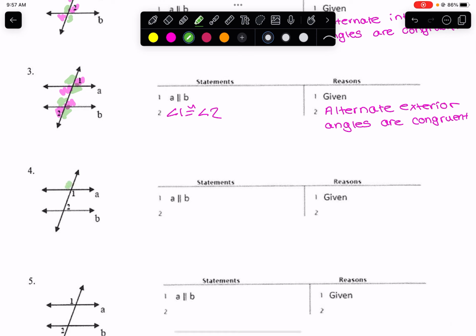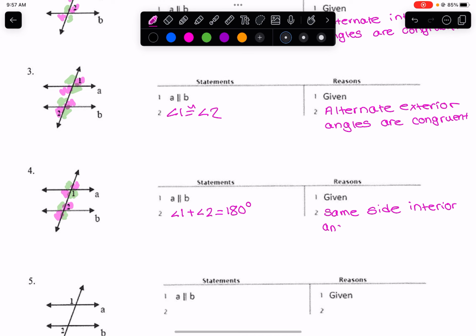Now when we look at this one, we will see that we have something different. They are different colors, so we know that angle 1 plus angle 2 is equal to 180 degrees because they're supplementary, and this relationship is same side interior angles are supplementary.